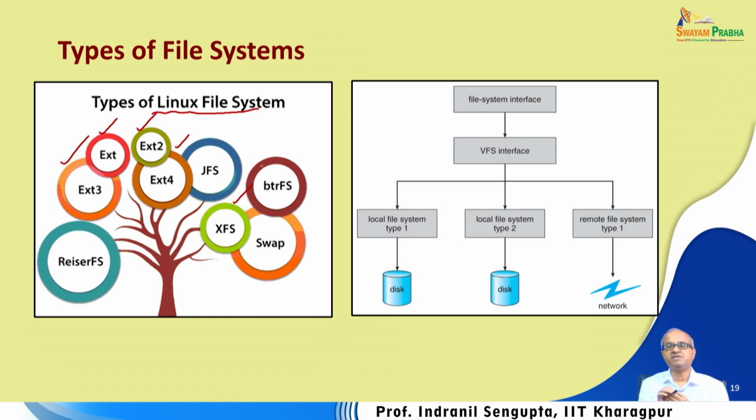But in a computer system, you may be having multiple disks or USB drives which have been created under different operating systems. So, you should have a uniform kind of an interface through which you can access all data from different file systems. So, on the right you have a general schematic how this is done.